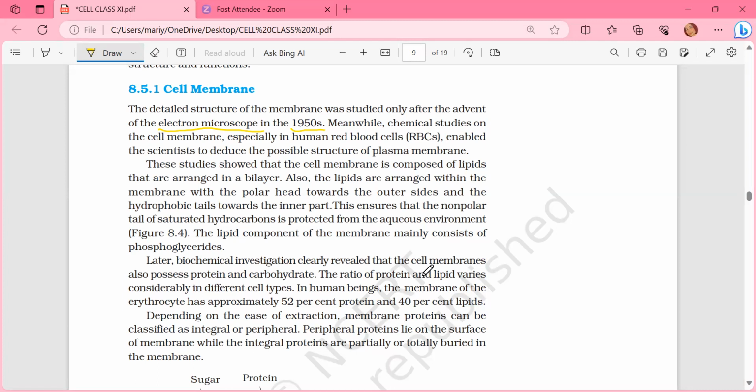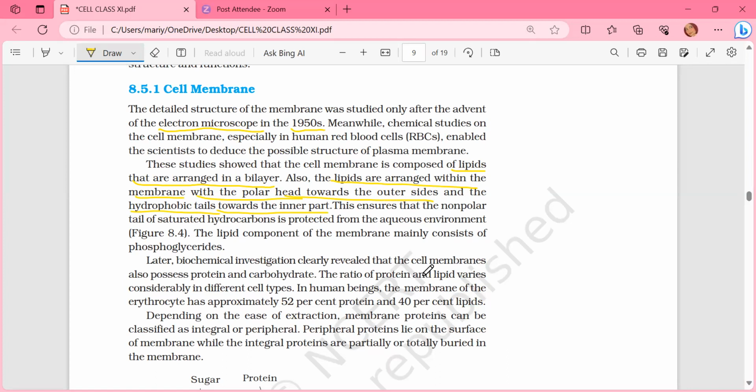It was a sort of approximation or estimation of how the structure of the plasma membrane would look at that time. It shows that the cell membrane is composed of lipids which are arranged in a bilayer. Also, the lipids are arranged within the membrane with the polar head towards the outside and the hydrophobic tails towards the inner part, because the hydrophobic tail needs to be protected from the water.